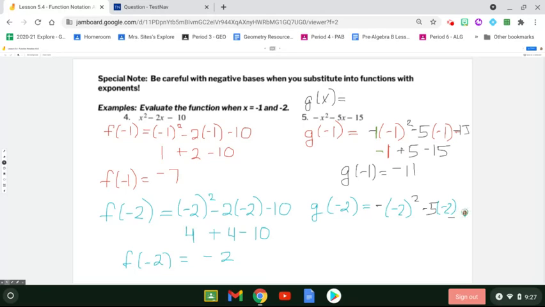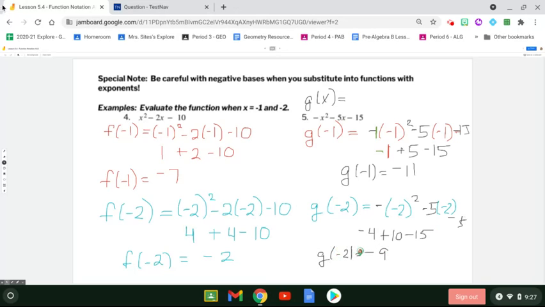Oops, I'm running out of room. There's a 15. So -2 times -2 is 4. 4 times -1 gives me -4. -5 times -2 is +10, minus 15. And overall, that's going to give me -9. So g of -2 would equal -9.